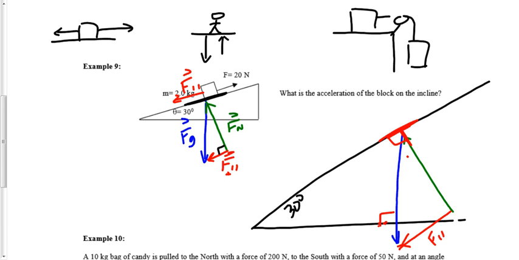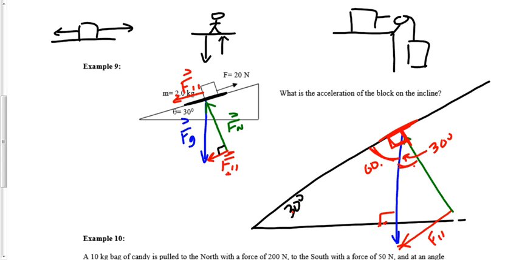If this is 30 and this is 90, then this angle will be what? 60. All the angles inside a triangle have to be 180, right? 30 plus 60 plus 90 is 180. Okay, if that's 60 and this one is 90, then what's this angle in here going to be? 30 degrees, right? 90 minus 60 is 30 degrees.